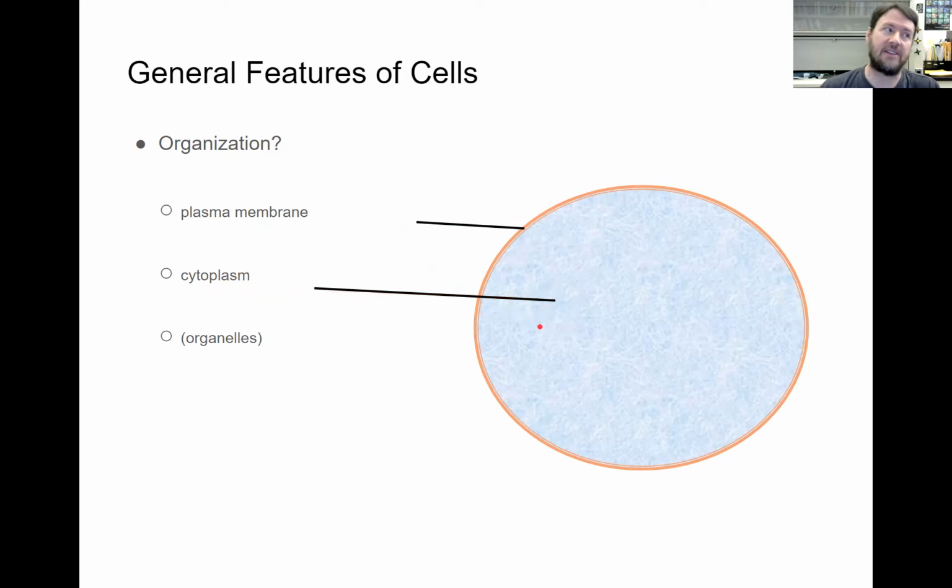That is a technical term for the jelly-like substance inside the cell called the cytosol, and also anything else that's embedded in it except the nucleus. So the cytoplasm you can think of as the filling. The nucleus is special, so it's technically not part of the cytoplasm.